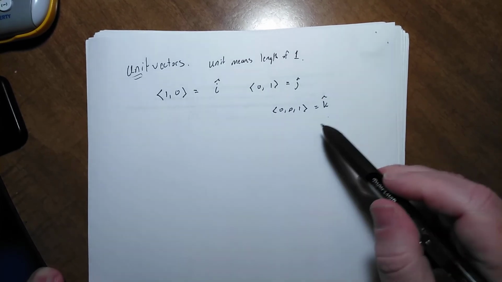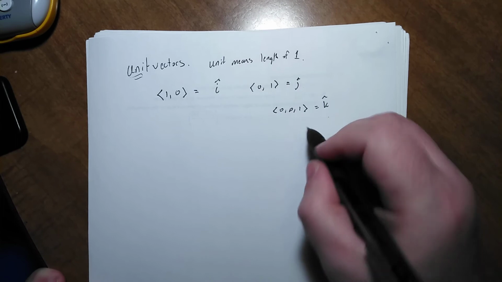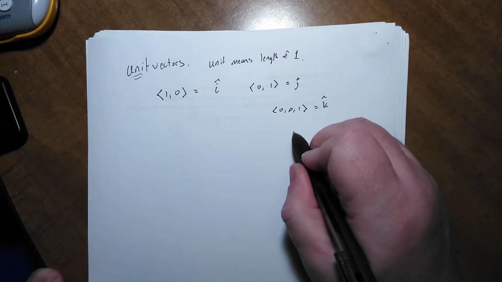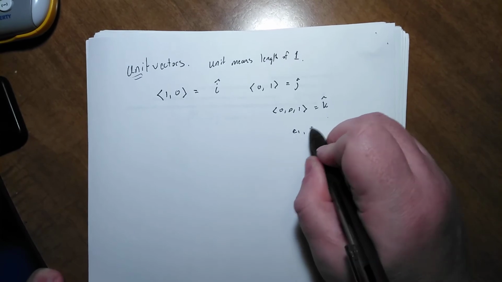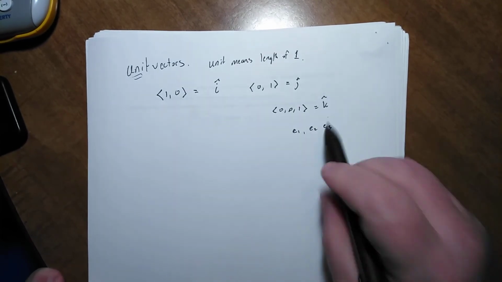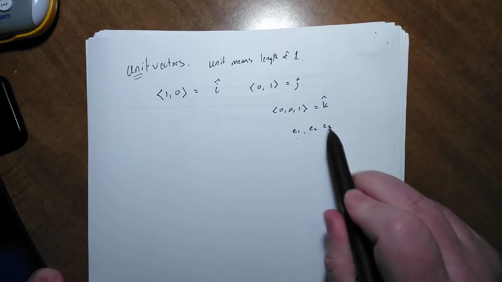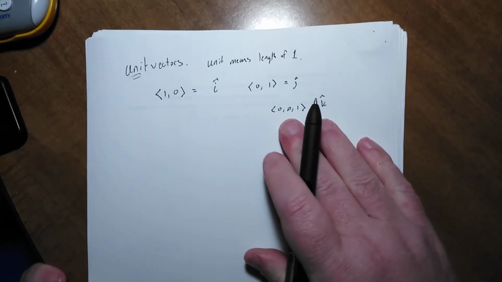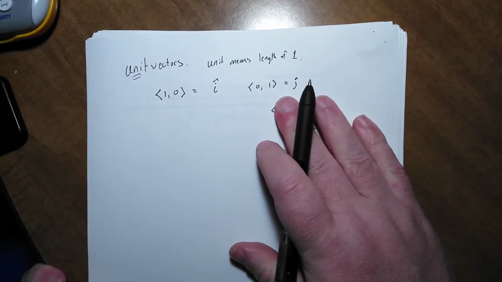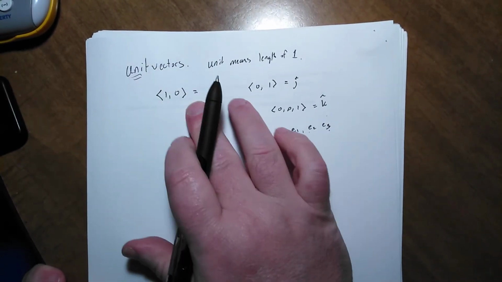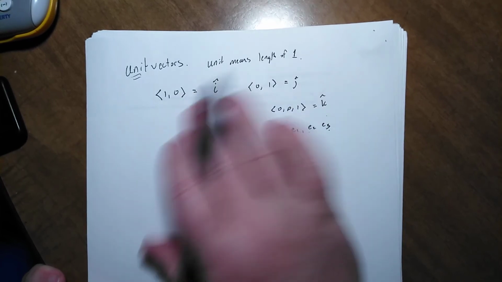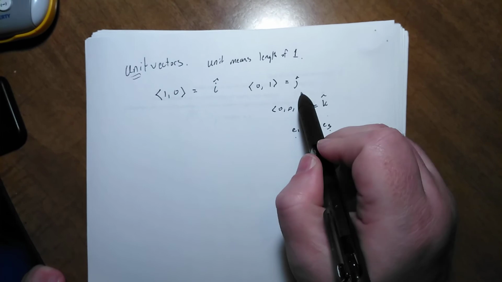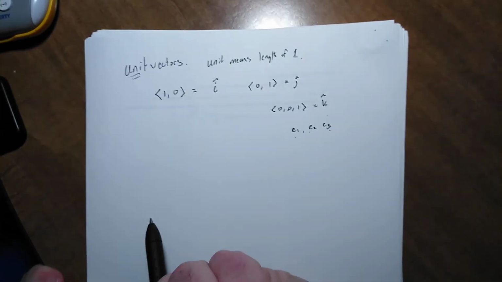If you have like a 17-dimensional vector, we would use e1, e2, e3 to talk about the unit vectors for the first component, the second component, the third component, and so forth. But again, we don't deal with that. i hat is either a 2-dimensional vector, which would be 1, 0, or a 3-dimensional vector 1, 0, 0. j hat would be 0, 1 for 2-dimensional, or 0, 1, 0 for 3-dimensional.